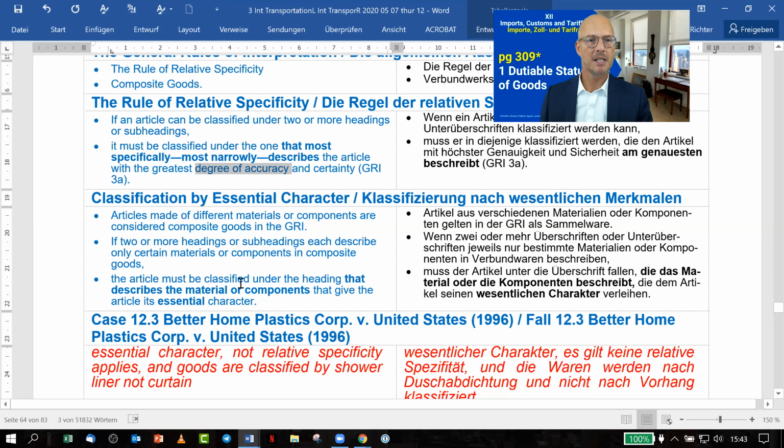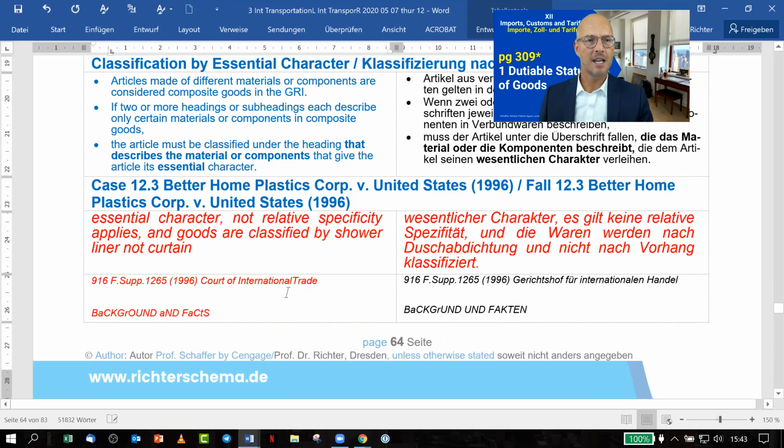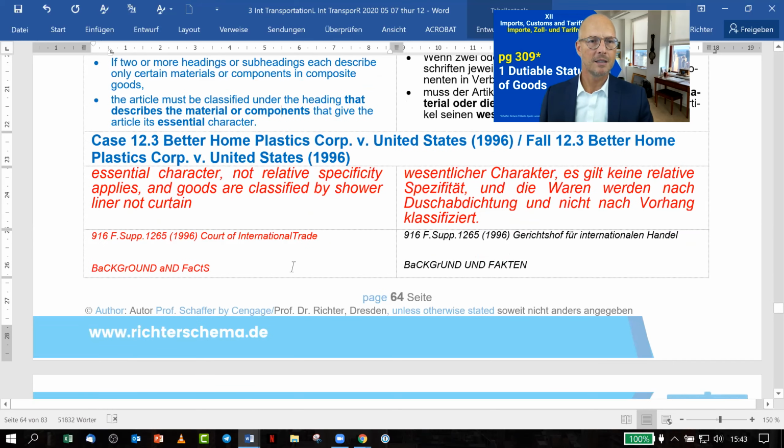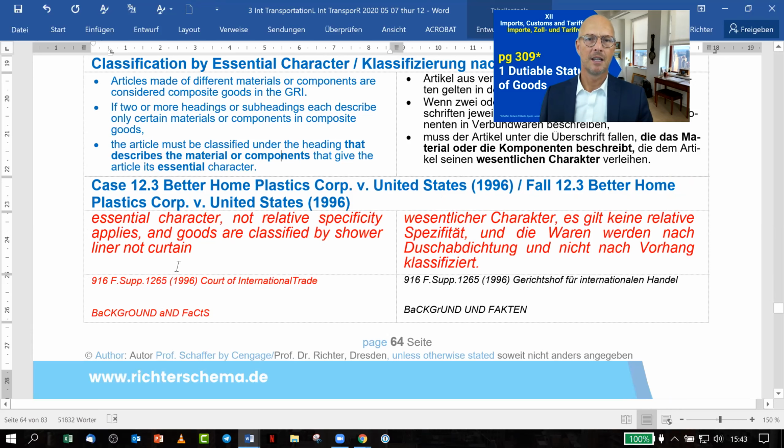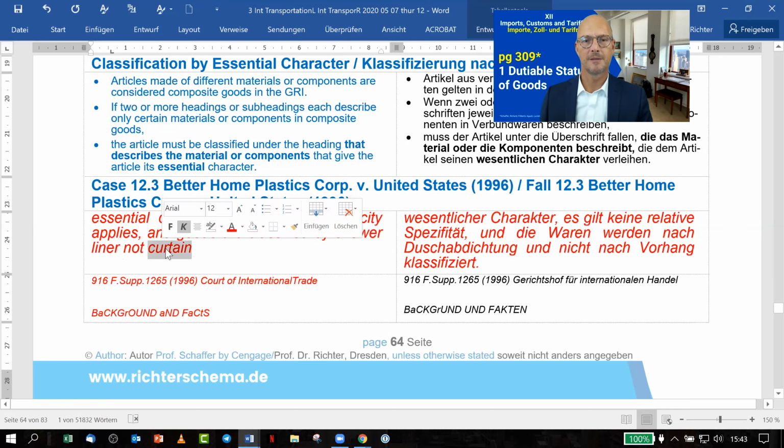So the article must be classified under the heading that describes the material or components that give the article its essential character. And in this case, Better Home Plastic, we had a shower liner, and we had to find out if the shower liner is more a plastic article or a curtain.